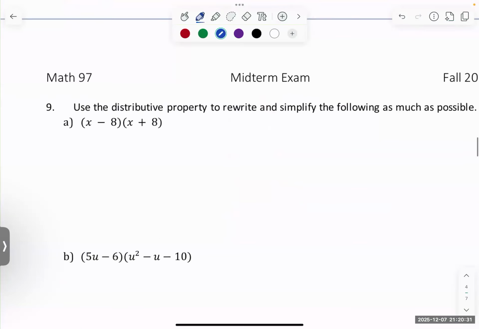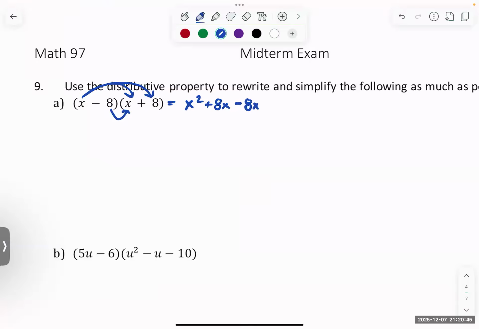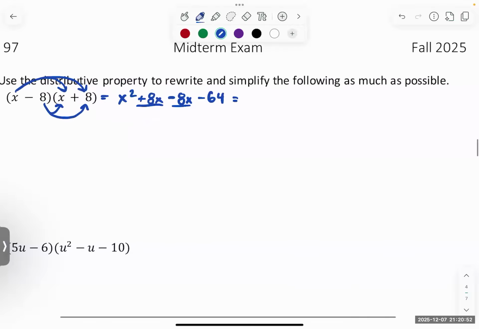Use the distributive property to rewrite as much as possible. So from here, FOIL: x times x is x squared. x times 8 is 8x. Negative 8 times x is negative 8x. Negative 8 times 8 is negative 64. Combine like terms. These cancel to 0.